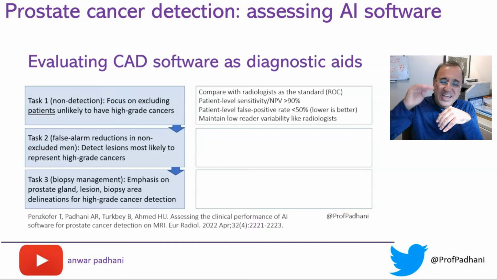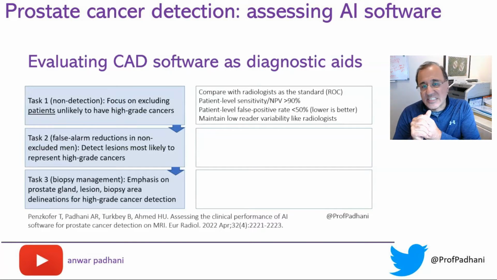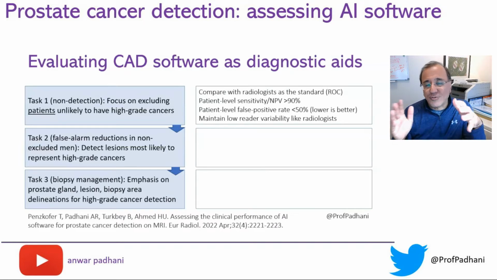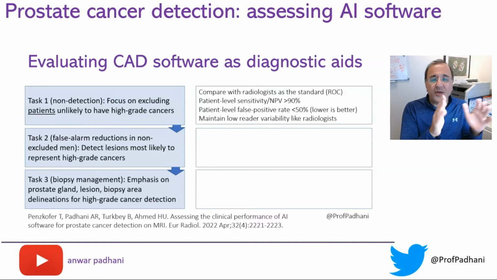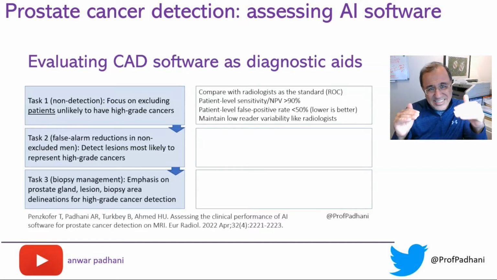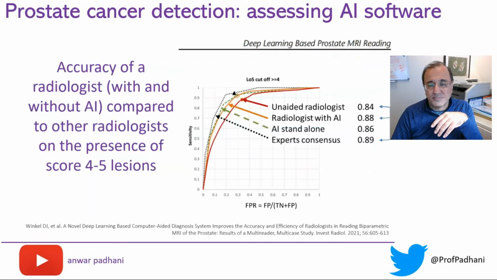So the patient level sensitivity and negative predictive value needs to be more than 90%. The patient false positive rate, remember I said it was 50% on average, so it has to be less than 50%, and the lower the better. And of course it's important to have a low variability of readings.